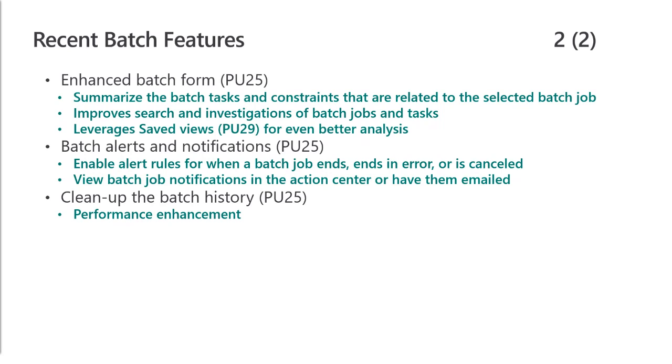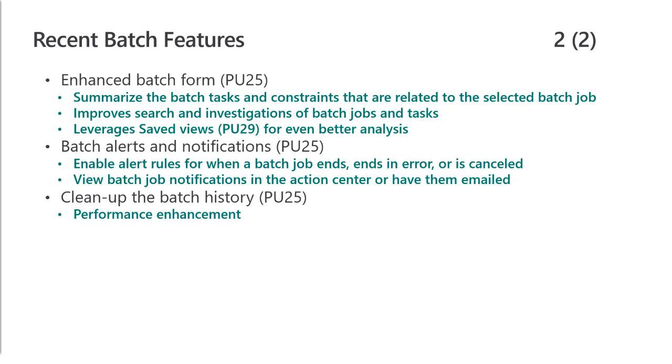When we talk about the feature that I will demo, it will also make the enhanced batch form the default behavior, and that's what you can prepare for coming over time. From PU29, you can also use the saved views feature that is not specific to batch, but in combination with the new enhanced batch form, you can filter and save any kind of filtered views that you want to create, and it makes it very easy to navigate and see different information as you need it to.